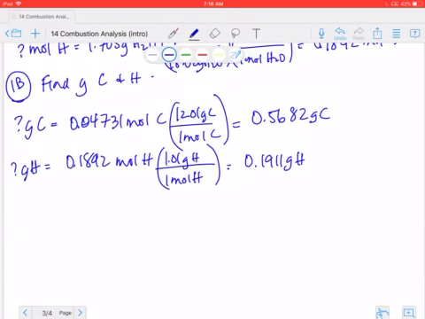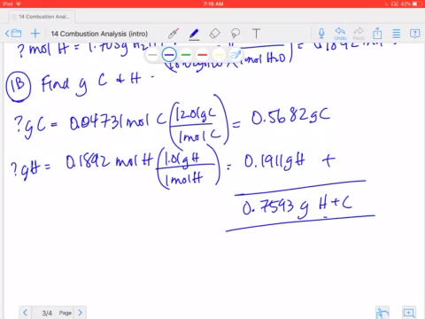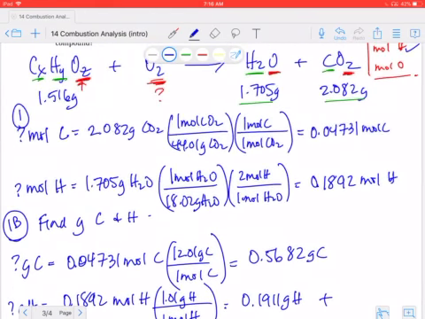So if I know the mass of carbon and the mass of hydrogen, I'm going to add these two together, and we're going to get 0.7593 grams, and this is hydrogen plus carbon, right? So this is the mass of the hydrogen and carbon in our starting compound. So I now found the mass of this. So I need to subtract that mass from my total to get my mass of oxygen.